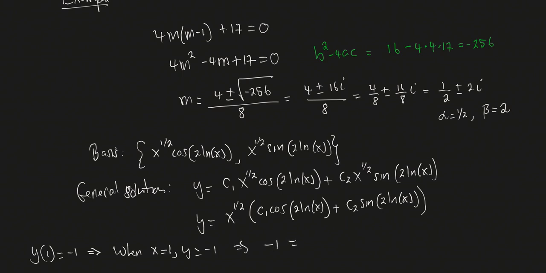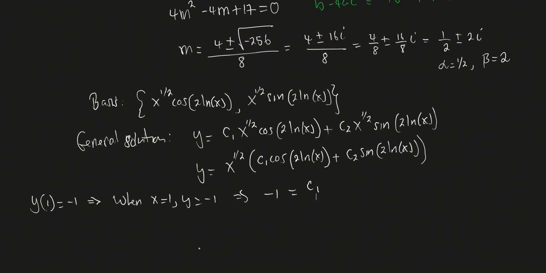Now, when we plug 1 into it, the ln function gives us 0, right? So the cosine of 0 is 1, 1 to the 1/2 is 1, but then the sine of 0 is 0. So all we're left with is that c1 is equal to -1, right? So we have that one.